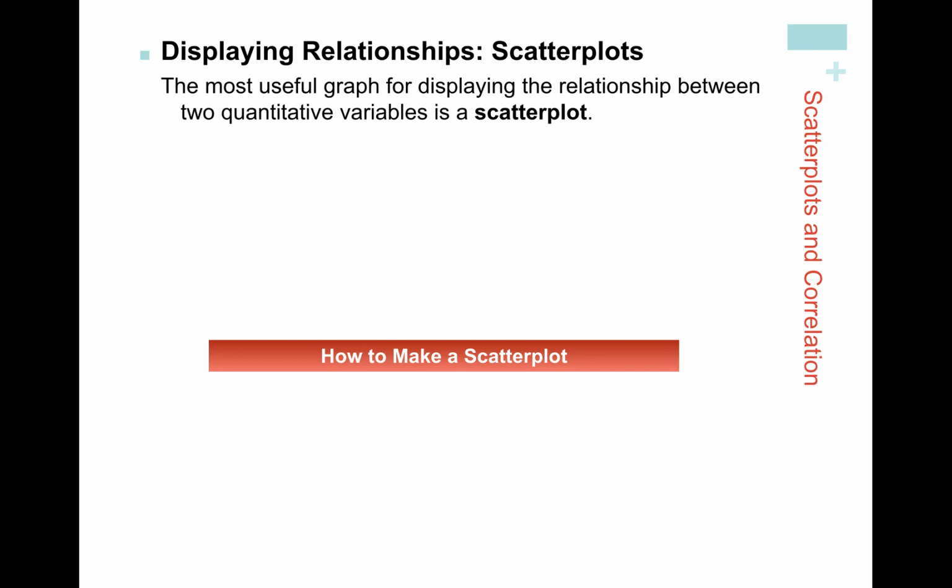So each dot on the scatter plot represents an actual value of an explanatory variable and its corresponding response variable value. It looks like a scatter of dots all over the coordinate plane.